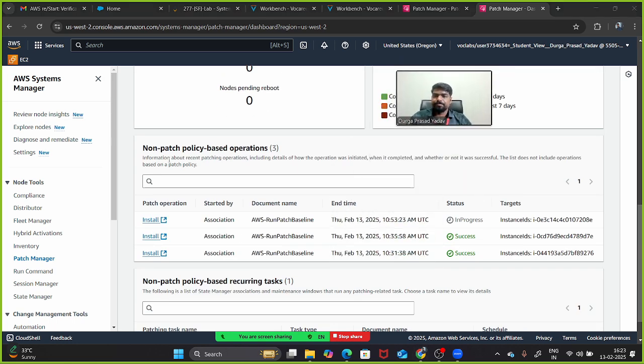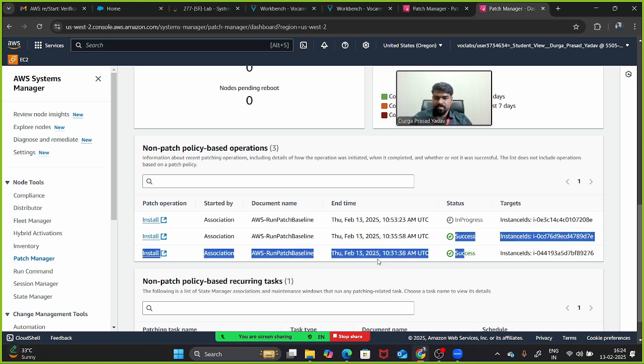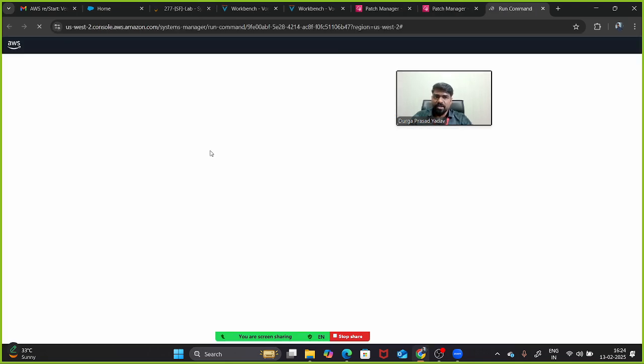See, this is your non-patch policy based operation. It is in progress. This has been installed on both. And here if you click on install, you will be able to get the code, I guess.